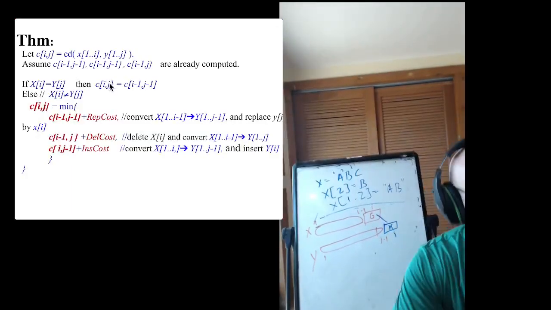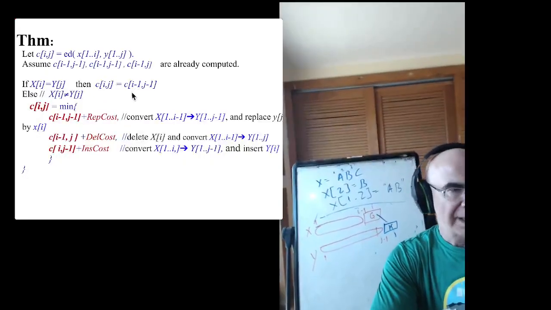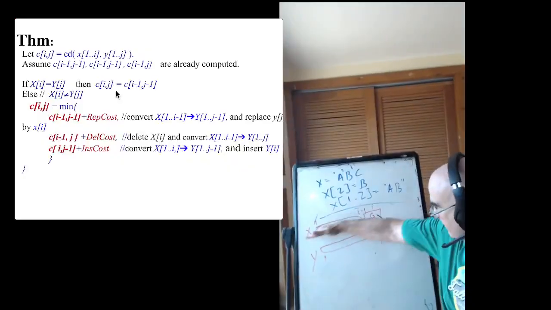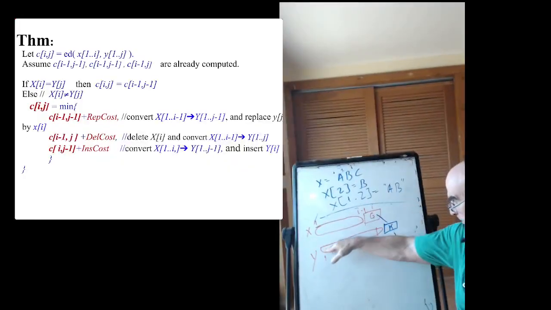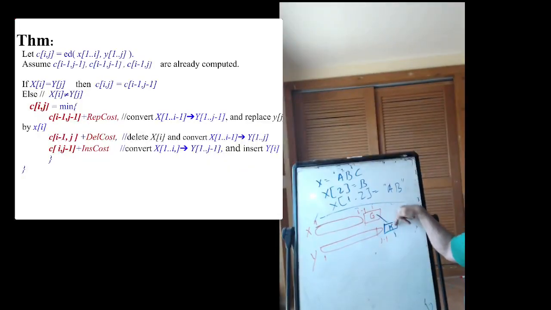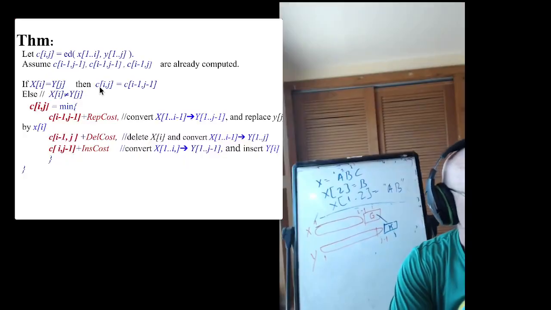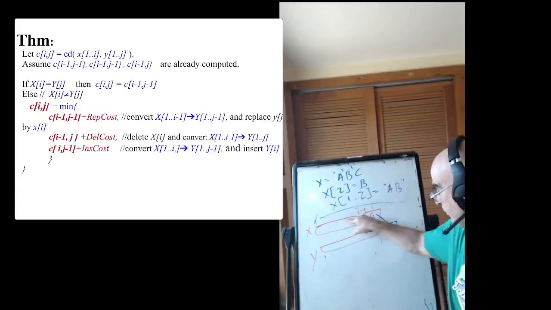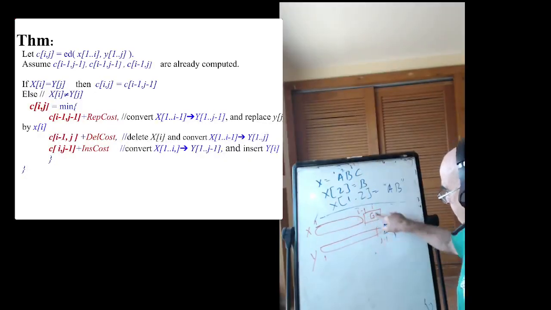But I'm describing a version of operations that will take the whole sequence over here and make it the whole sequence over here. So how can I make the j into a k? There are three options. Option 1 is take everything in red, x from 1 up to i minus 1.